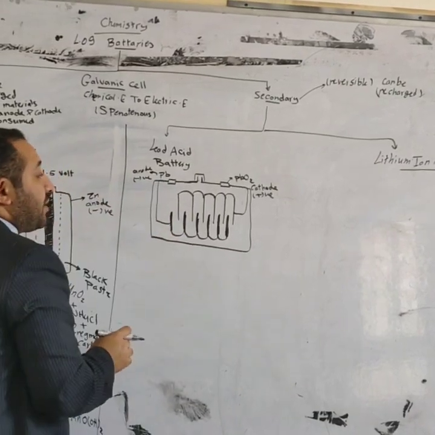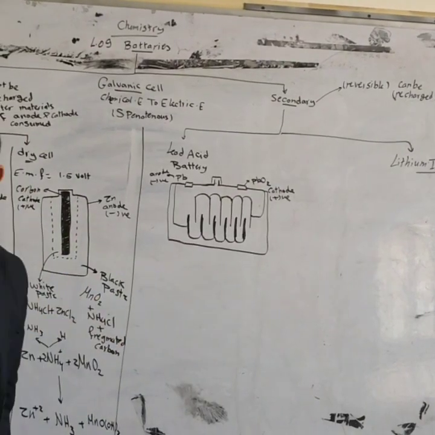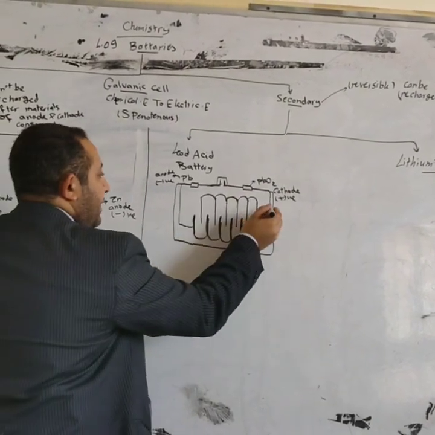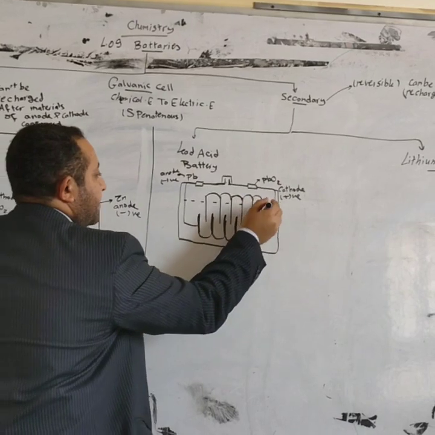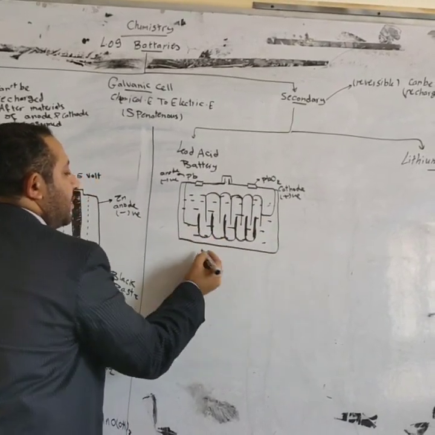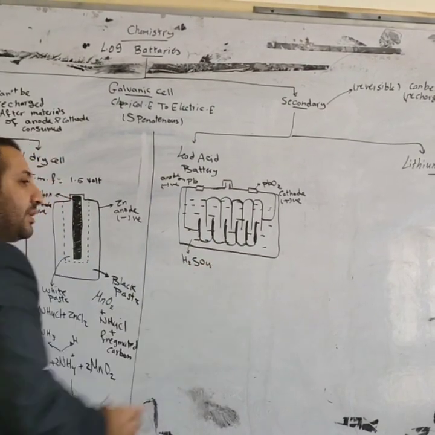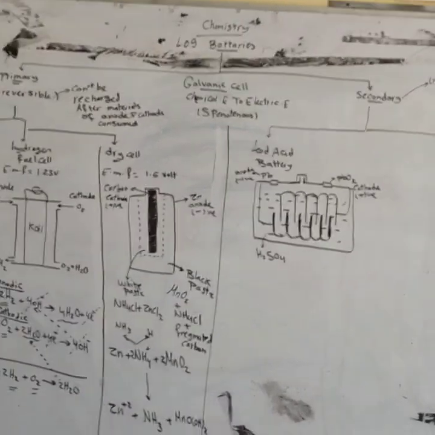What about the electrolytic material inside this cell? The electrolytic material consists of concentrated sulfuric acid, H2SO4. What about the density of this liquid inside this cell?